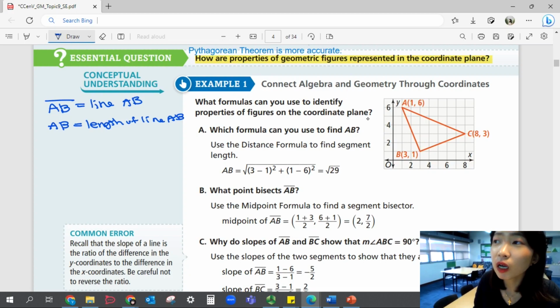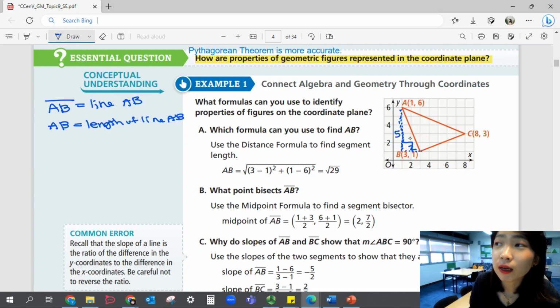AB. So you can use the distance formula or the Pythagorean theorem like we used in the previous example. So find a right triangle here, and you'll count the units and see that's 2 units, and 1, 2, 3, 4, 5. That's 5 units.